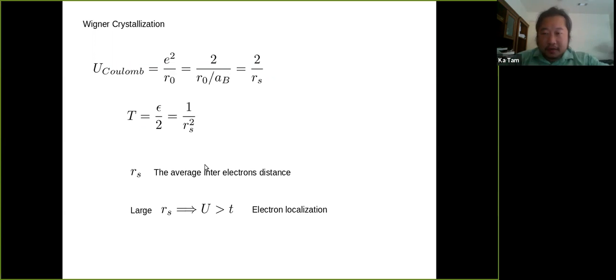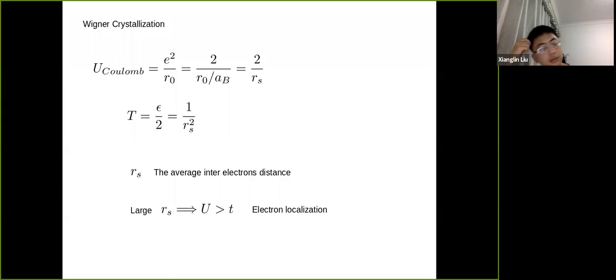When the potential energy dominates over the kinetic energy, you think the electron may be localized. This is a conceptual idea of how to understand the localization of electrons in the early days.